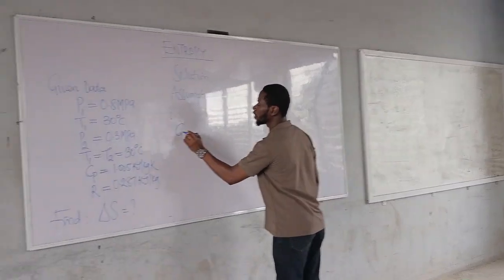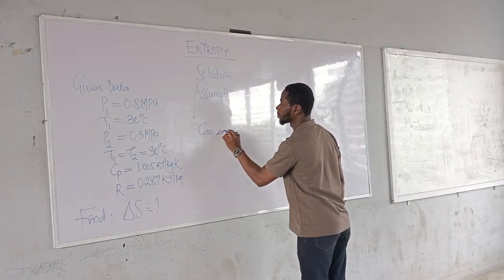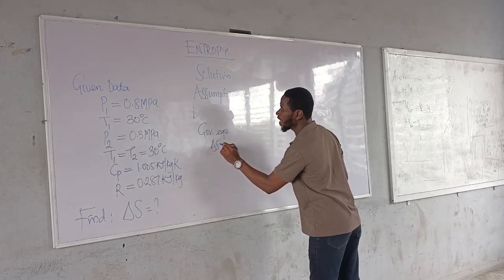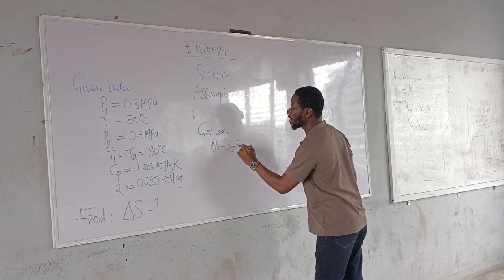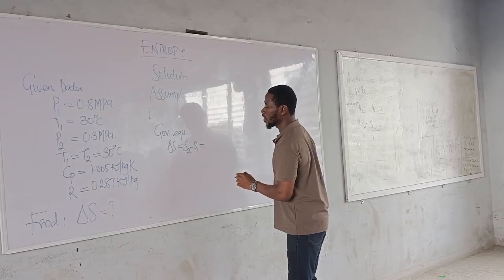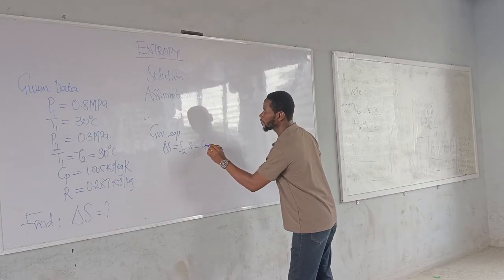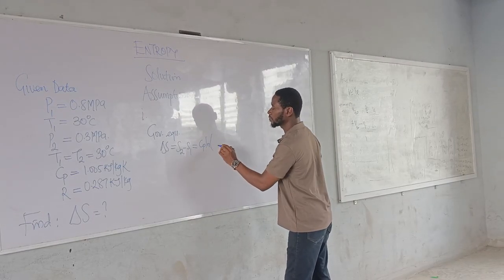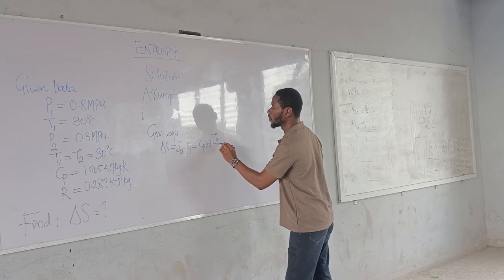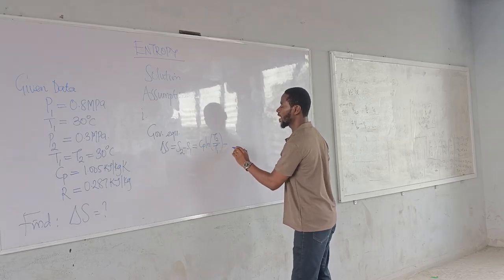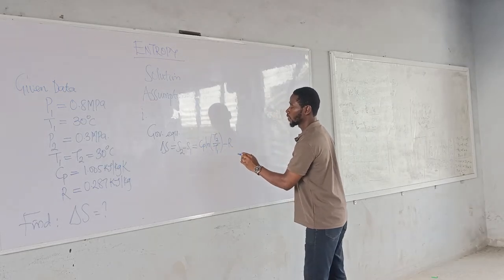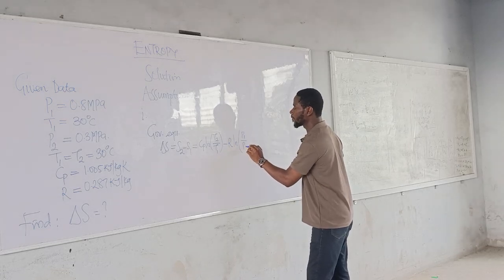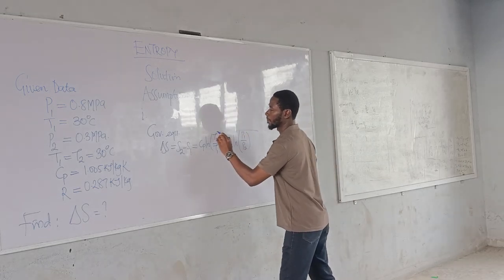The governing equation. Change in S, which is the same thing as S2 minus S1, equals Cp ln T2 over T1 minus R ln P1 over P2.